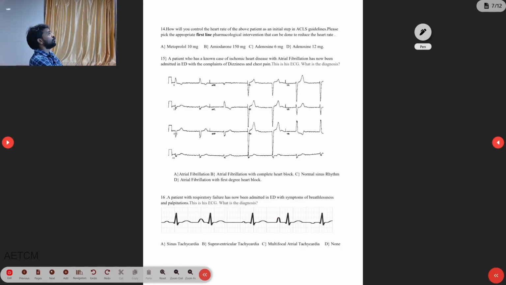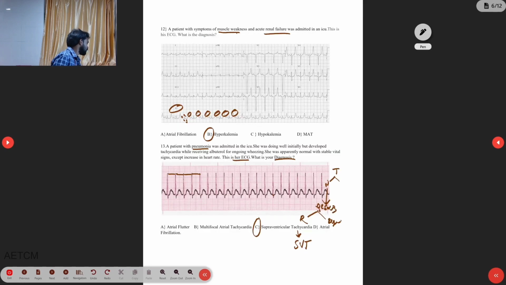Then, how will you control the heart rate of the above patient? As an initial step in ACLS guidelines, please pick the appropriate first line pharmacological intervention that can be done to reduce the heart rate. If you see the previous 13th question, the ECG shows supraventricular tachycardia, but the patient is stable.